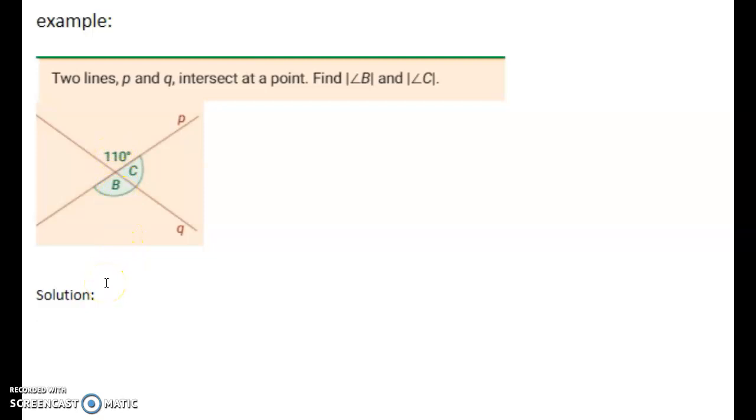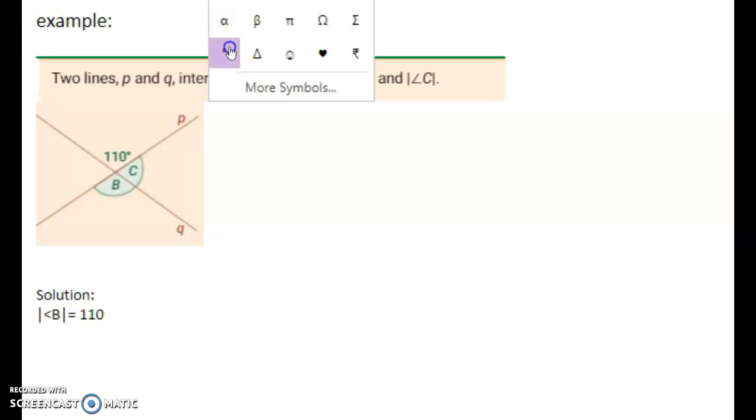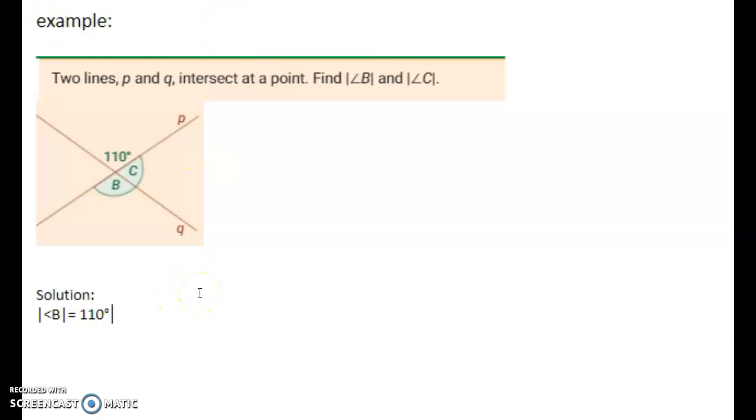So we can say angle B equals 110 degrees, and I can say why, because it's vertically opposite. Very important that you give a reason every single time you say something in geometry.